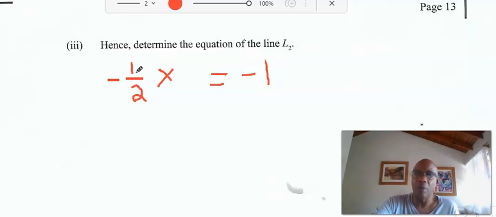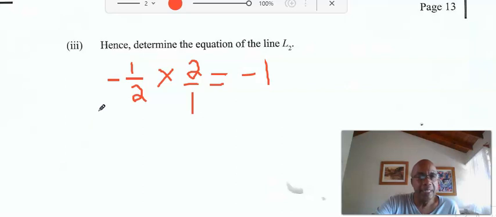It's the inverse of 1/2. We simply multiply 1/2 by 2 over 1 to get the 1. And so therefore, the gradient of L2 is 2 over 1, which is 2.